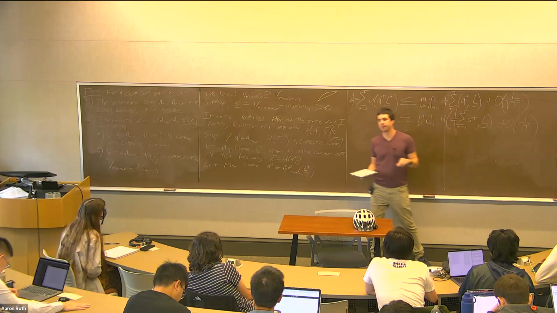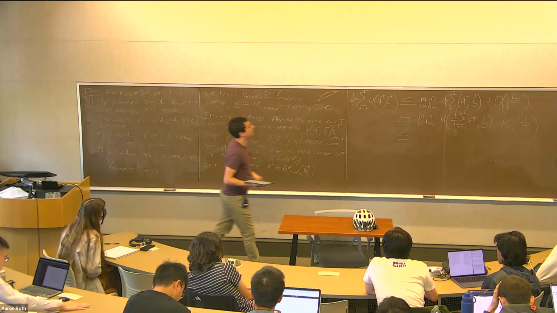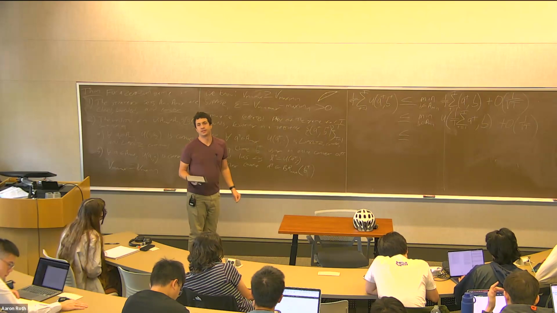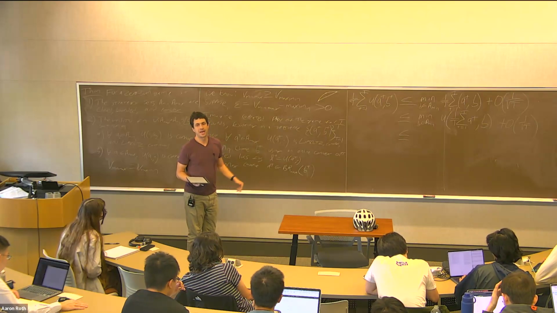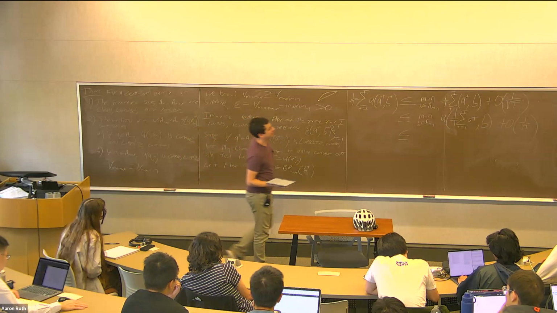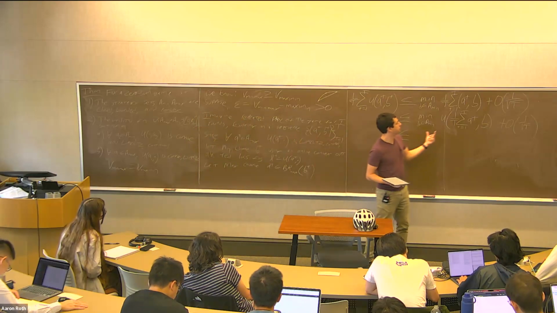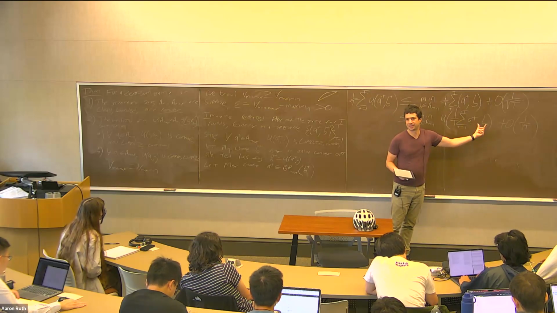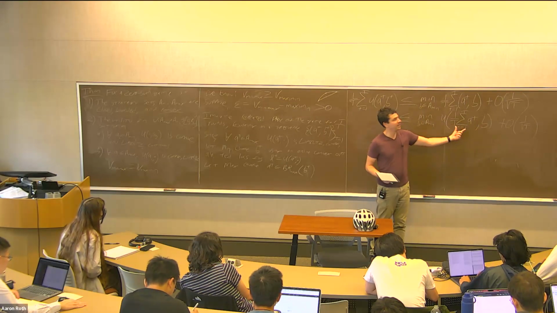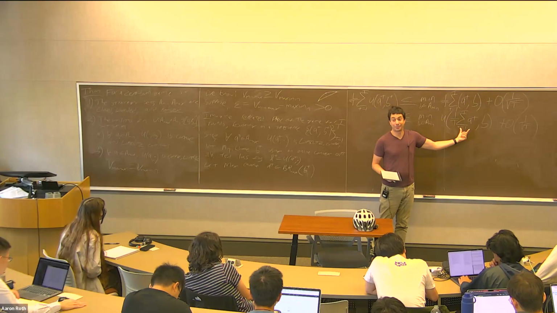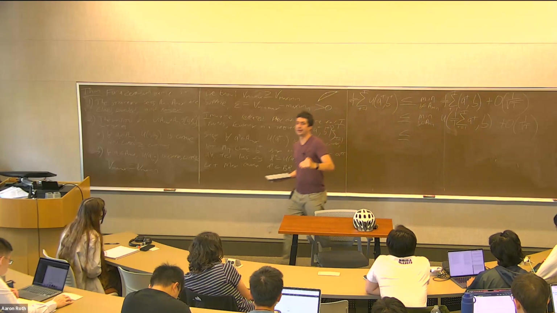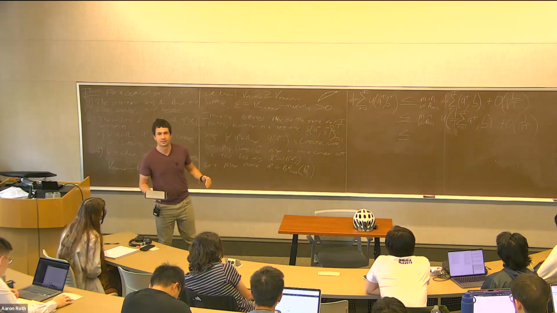So this cannot be more than the maxi-min value of the game. The maxi-min value of the game is the value obtainable when Max optimally commits to some strategy and then Min best responds. Here, Max has committed to some strategy, not necessarily optimally, and Min has best responded. Min wants to lower the cost, and so this is only smaller than that.